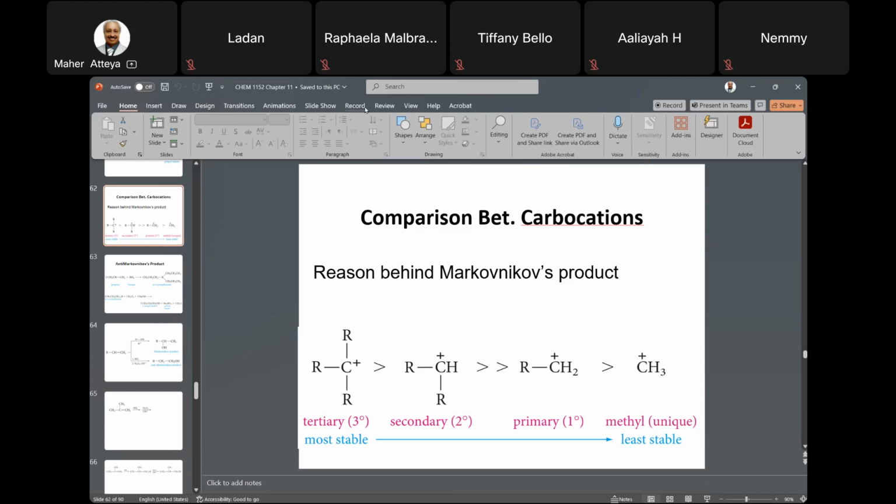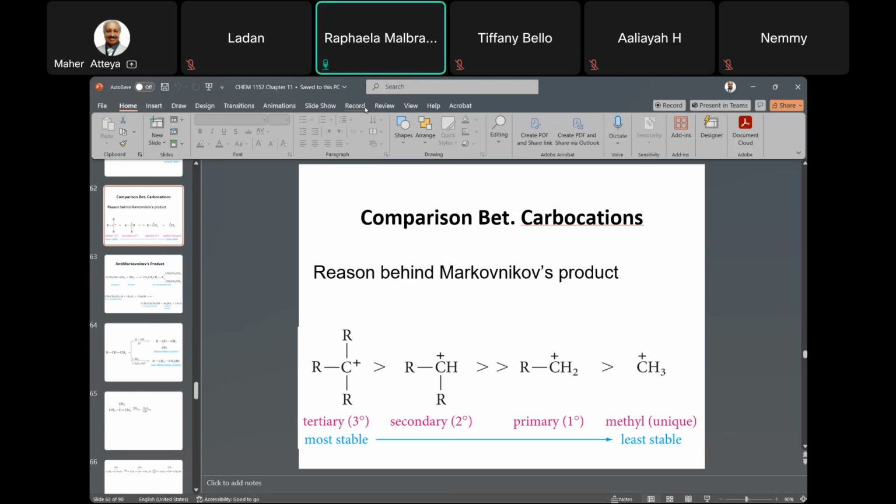But all my exams inside the class are open book in iCollege, and the quizzes. So if you don't memorize this and it's open book, you can go by elimination: tertiary more stable than secondary, more stable than the primary. Okay, does that answer your question? Yes, a little.